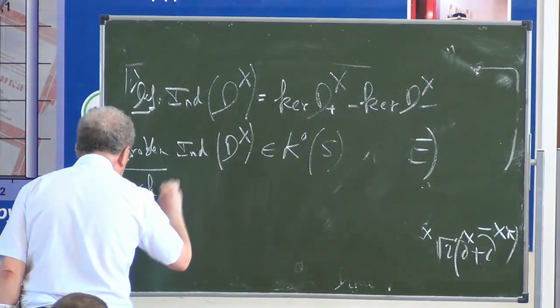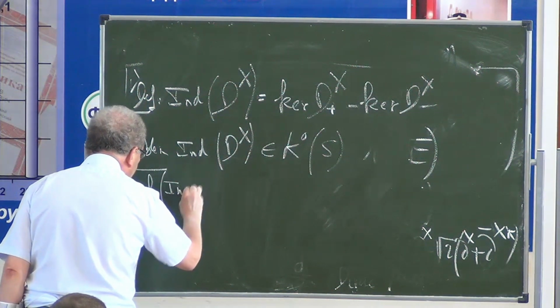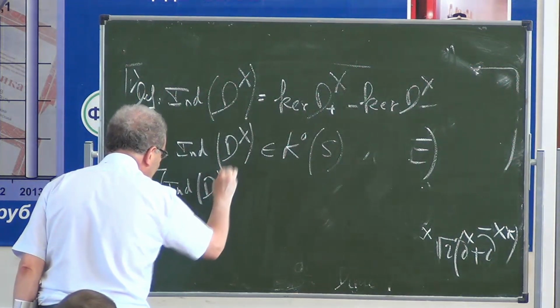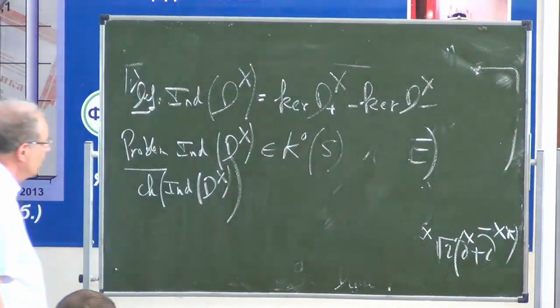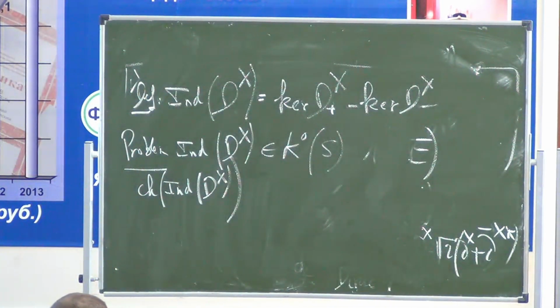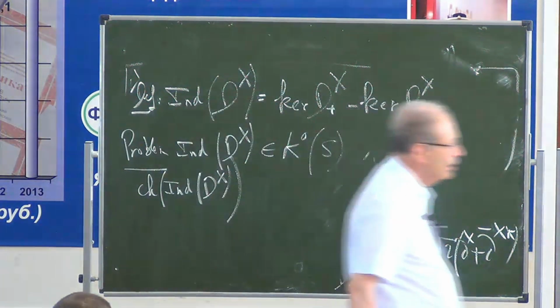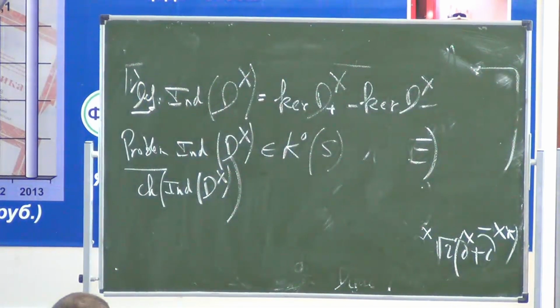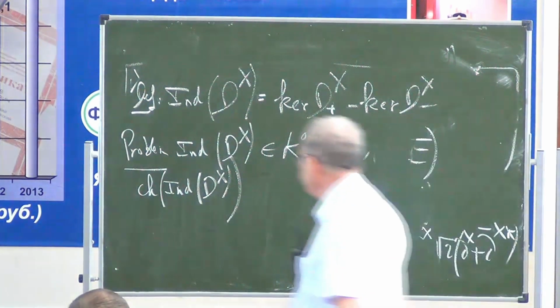We want to get a formula for the Chern character of the index bundle. So let me just state the formula of Atiyah and Singer for the Chern character.